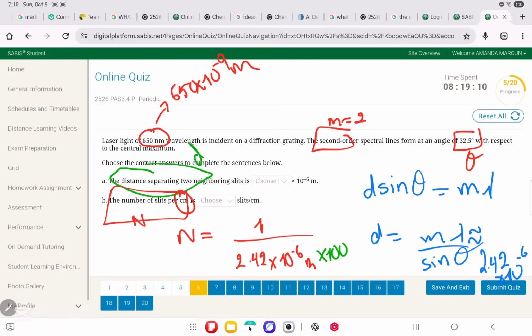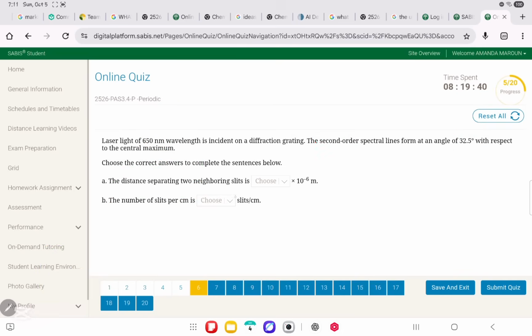Because we have d in meters, we will change it into centimeters by multiplying by 100. If we put it on the calculator, 1 over 2.42 times 10 to the power of minus 6 times 100, this will give us an approximate answer of 4,133. So this is the number of slits per centimeter.